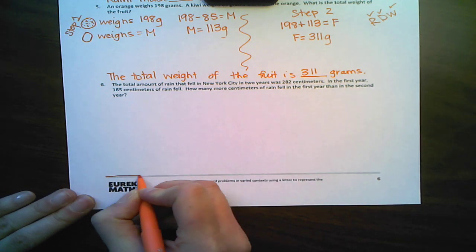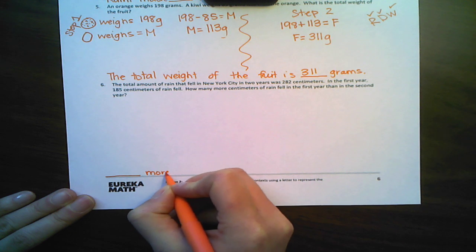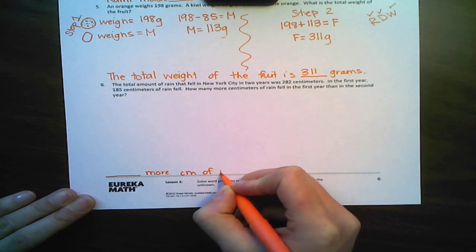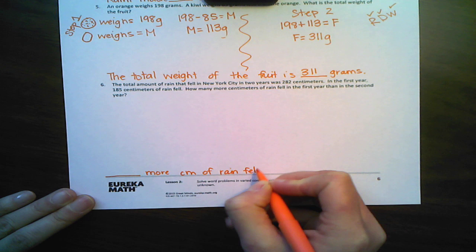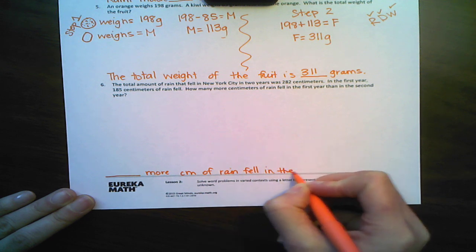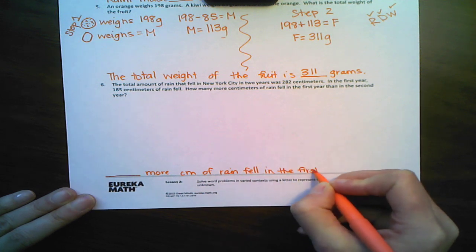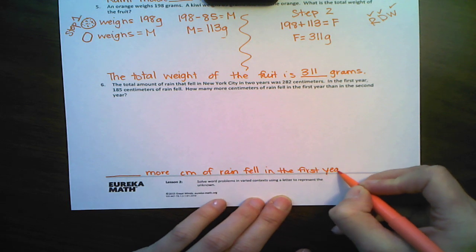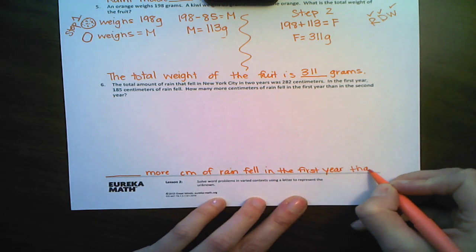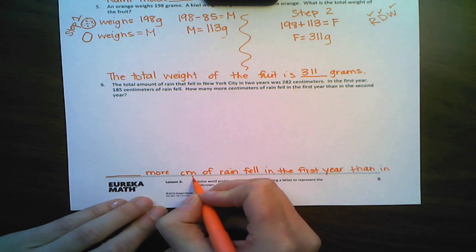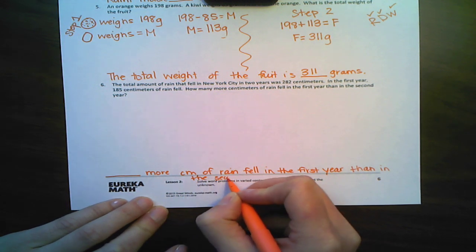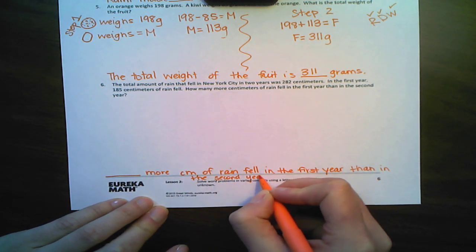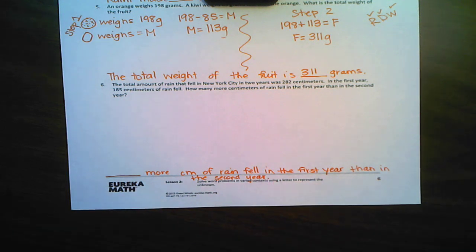So we're going to say blank more centimeters of rain fell in the first year than, my favorite comparison word, in the second year. So first we need to figure out how much rain fell in that second year because we don't even know.